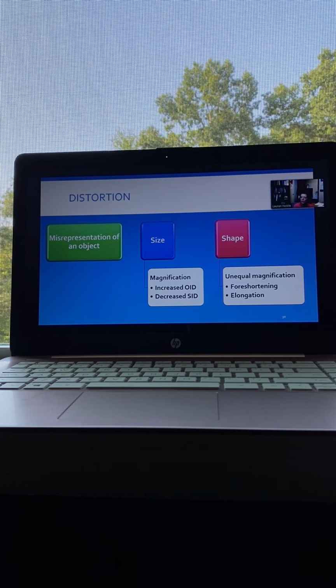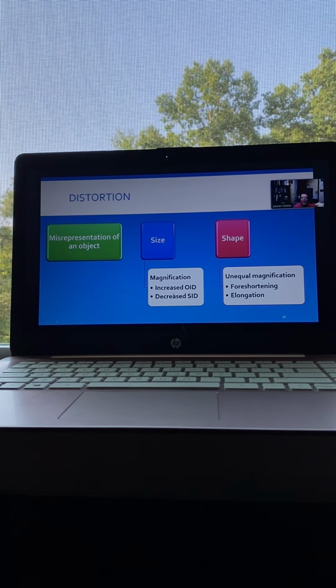Could that be an issue when the radiologist interprets that image? Yeah. How so? It could cause a misdiagnosis. Yeah, absolutely, exactly. That patient may end up being diagnosed with cardiomegaly, and then they're being treated for something that they don't actually have. And this is how it occurs.